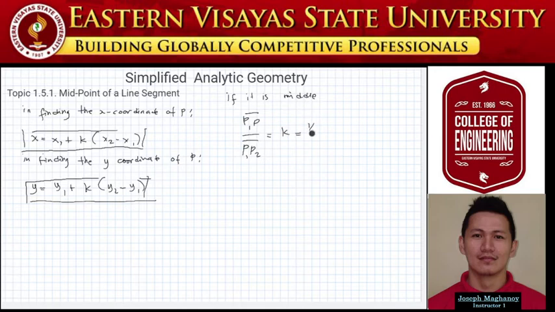Our k for the midpoint of a line segment is 1/2. So to determine the formula for the midpoint, let's assume that our point of division is P, and your PM is your middle point.